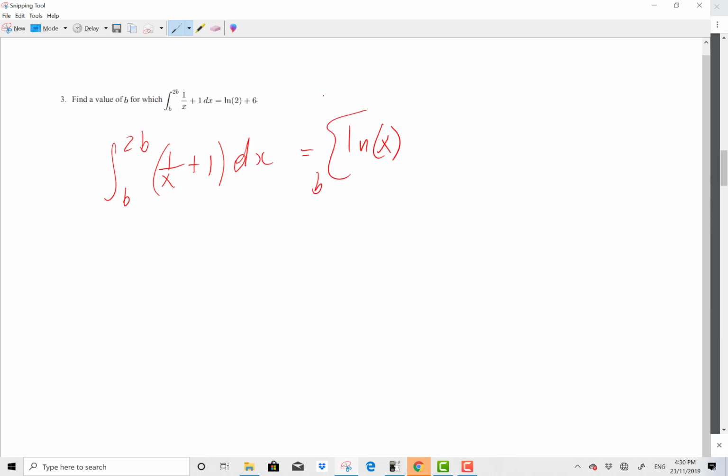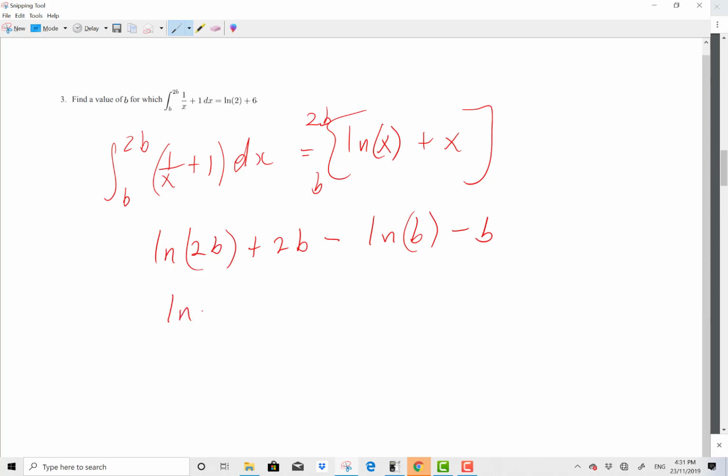I'm doing it from b to 2b. Substituting 2b, I get ln 2b plus 2b minus ln b minus b.